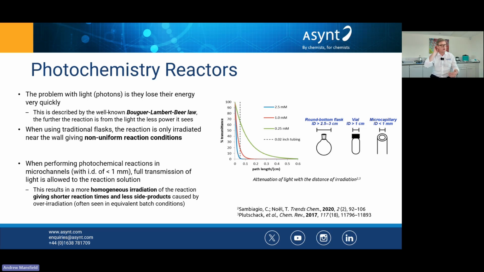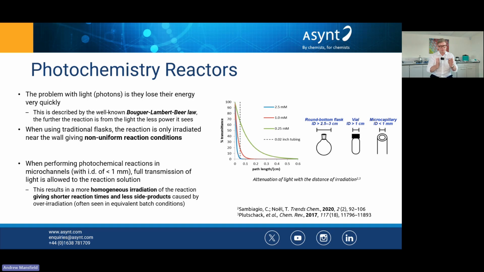So we really need to design our photochemical reactors so that we can get light into our reaction as efficiently as possible. When we think about using traditional round bottom flasks, that means we're only really illuminating from the outside edge, unless we can put our light source directly inside, which is what we explore with the Asynt batch reactors.